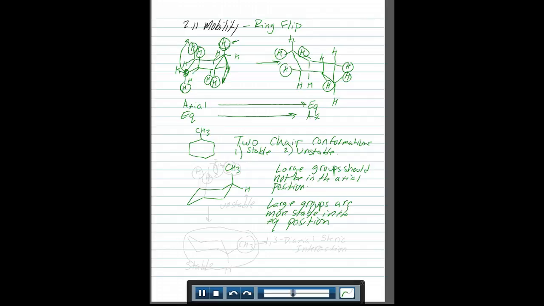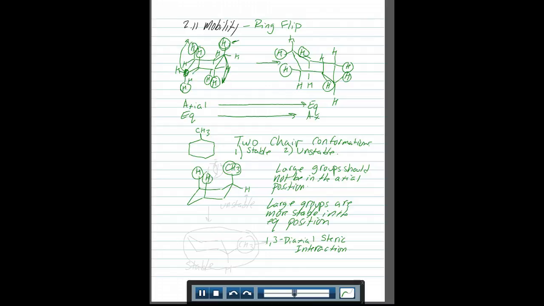Let's see why. The reason is something called 1,3-diaxial steric interaction. Pretty fancy, huh? Well, let's see what it is. It's exactly what it sounds like. 1,3: this methyl group sterically interacts with the other axial positions on that molecule.